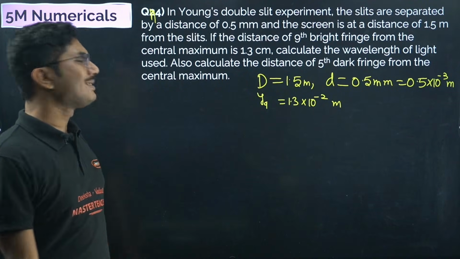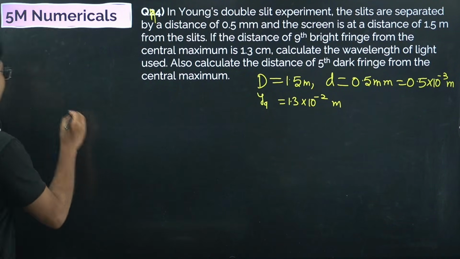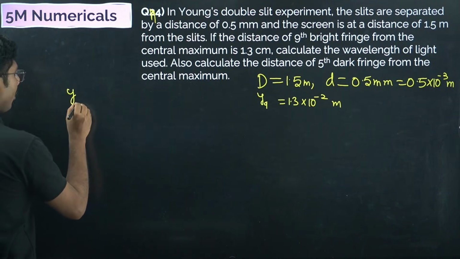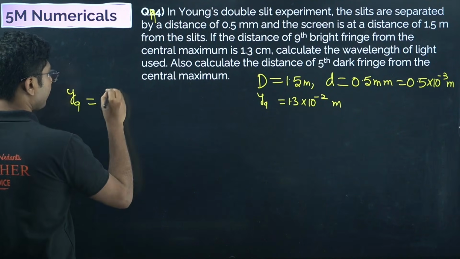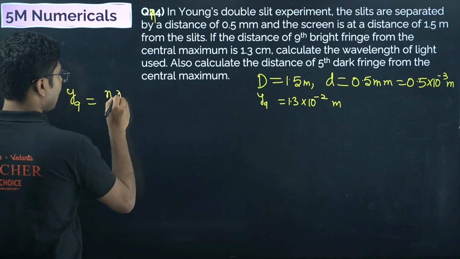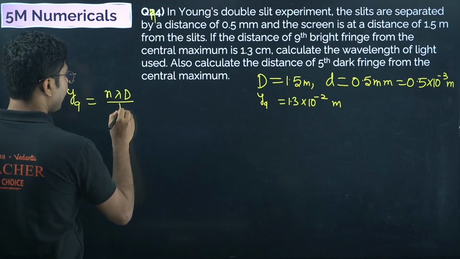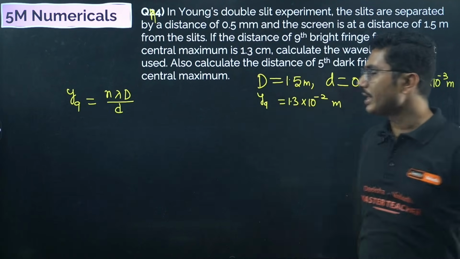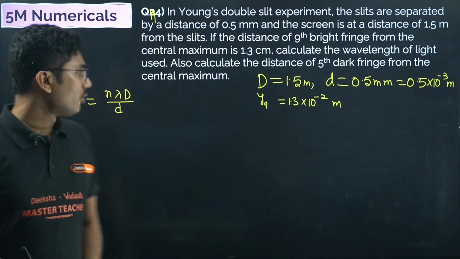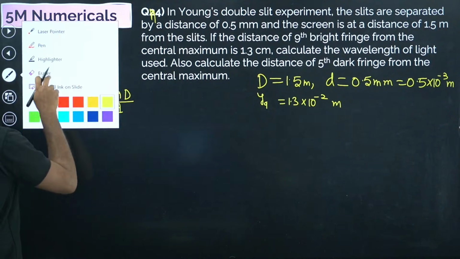Now what is the formula for the 9th bright fringe? For the nth bright fringe the formula is n lambda D divided by small d. For any nth bright fringe this is the formula.